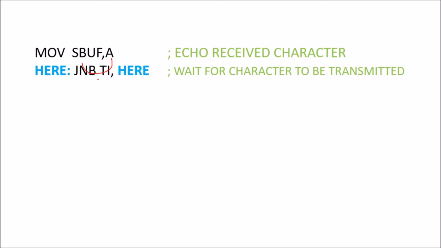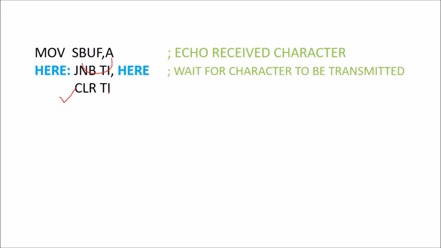JNB, jump if not bit TI: if it is 0, that means the character transmission is still in process, so it will execute this instruction again. If TI is 1, that means the character is transmitted completely. It will go to the next instruction where we clear this TI flag. So the character is transmitted completely, and it will be ready to transmit the next character.